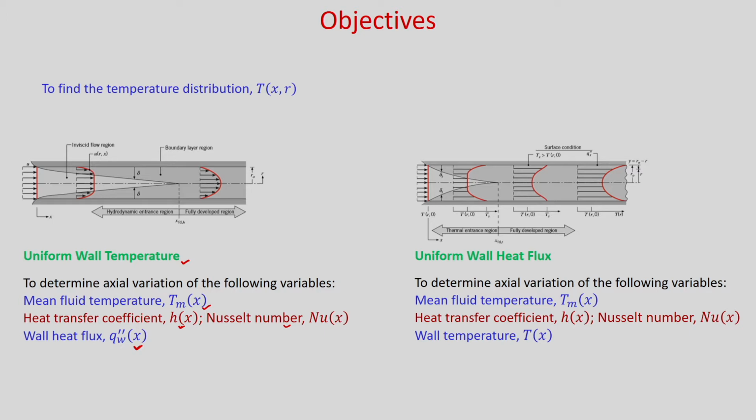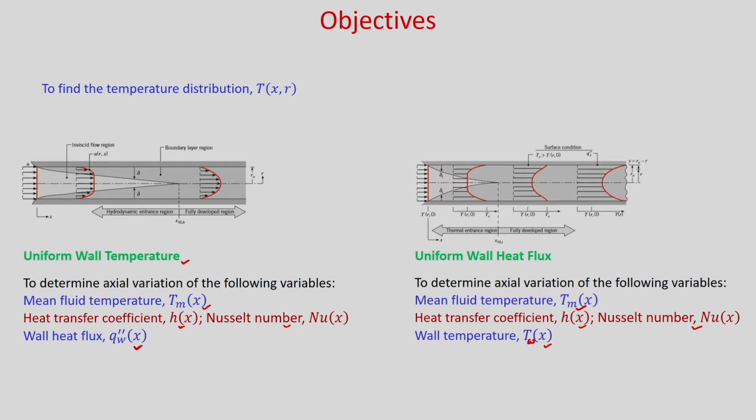Similarly, when we consider uniform wall heat flux, then we want to determine the axial variation of mean fluid temperature, axial variation of heat transfer coefficient, and hence we will calculate the Nusselt number, and also we want to calculate the axial variation of wall temperature, Tw.